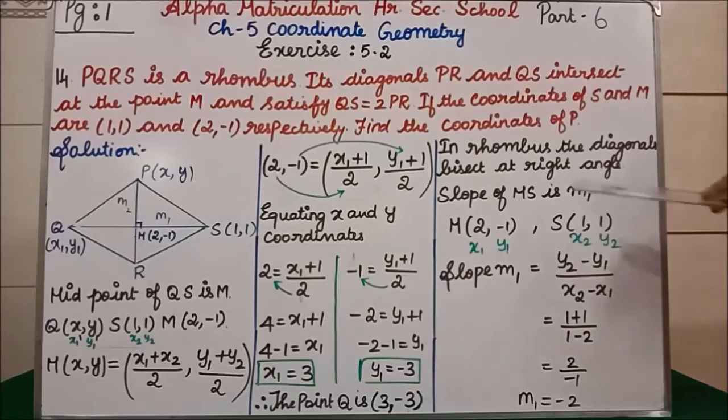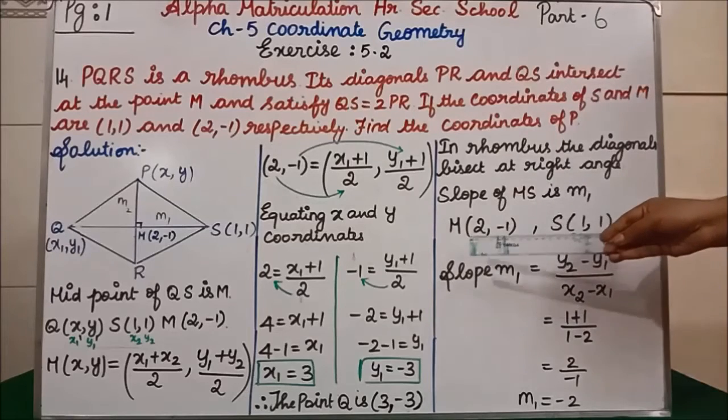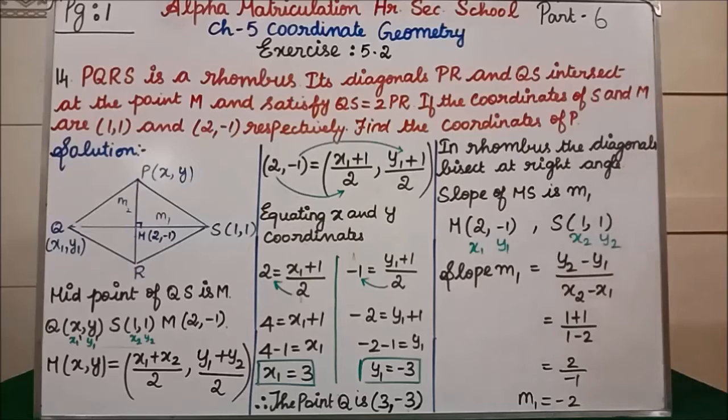The M point is given in the question itself, and the S point we also know. For the slope of two points, the formula is (y2 minus y1) divided by (x2 minus x1). y2 value is 1, y1 value is minus, so it becomes plus 1, divided by x2 value 1 minus x1 value 2. 1 plus 1 is 2, divided by 1 minus 2 which is minus 1. So 2 divided by minus 1 is minus 2.